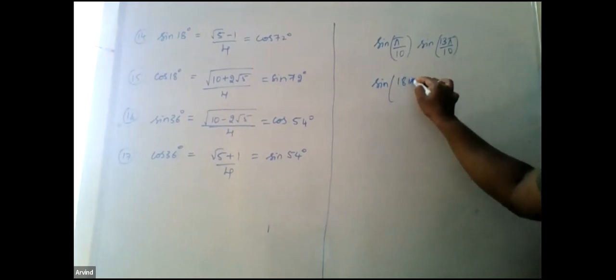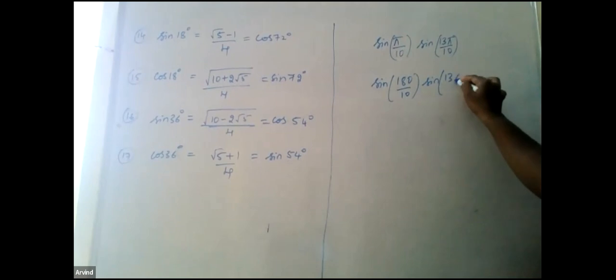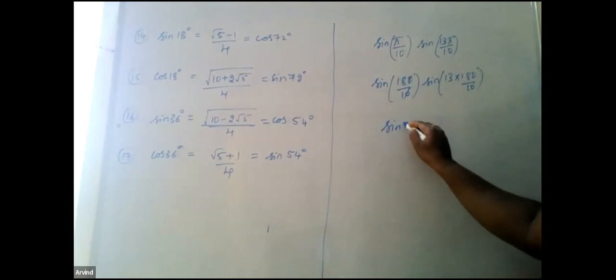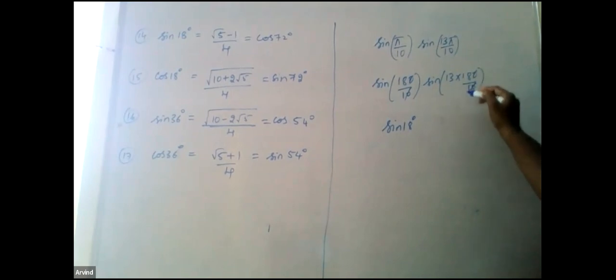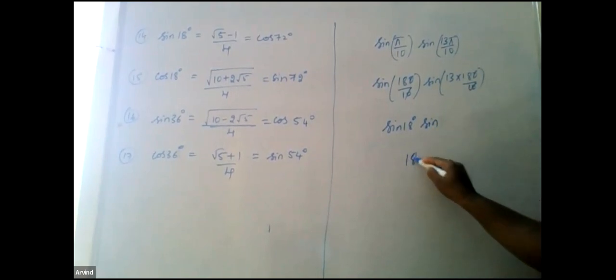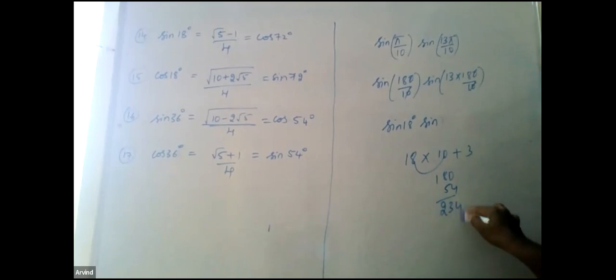Pi is 180, so 180 by 10 gives 18 degrees. Again, 13 into 180 by 10, the zeros get cancelled, so 18 into 13. 18 tens are 180, 18 threes are 54. So we get 234.